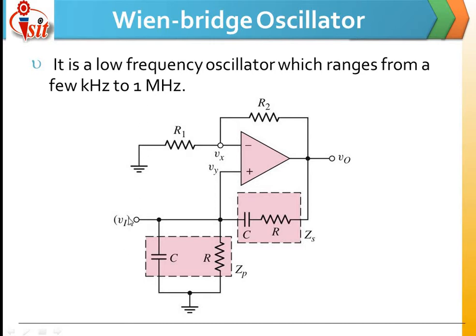The input is given to the terminal which is connected as feedback towards the inverting terminal of the op-amp. Here you can see the RC series connection and the RC parallel connection of the R and C components.